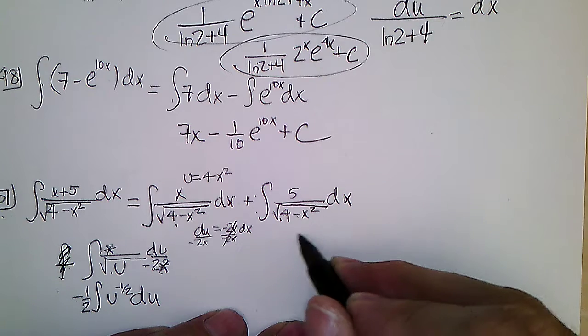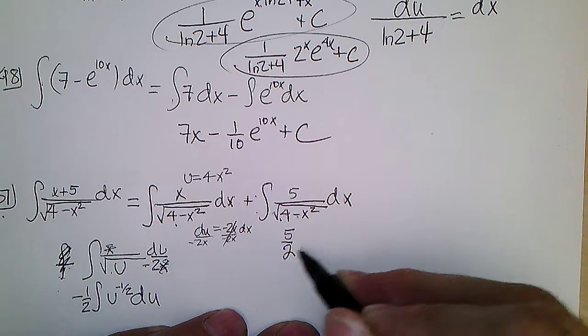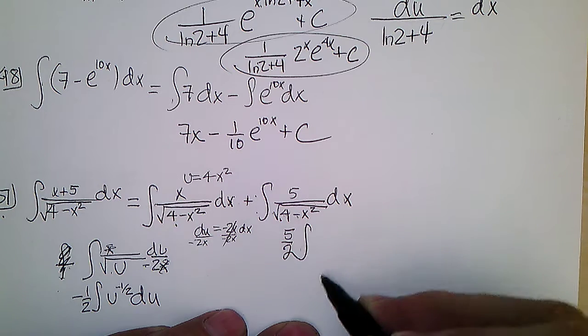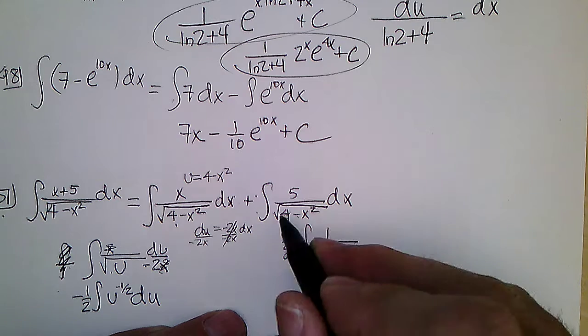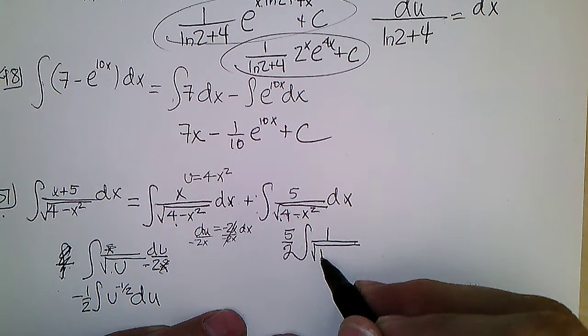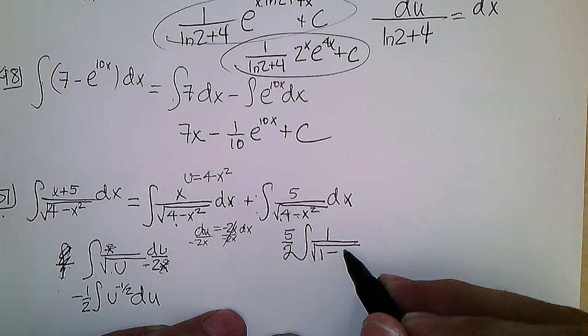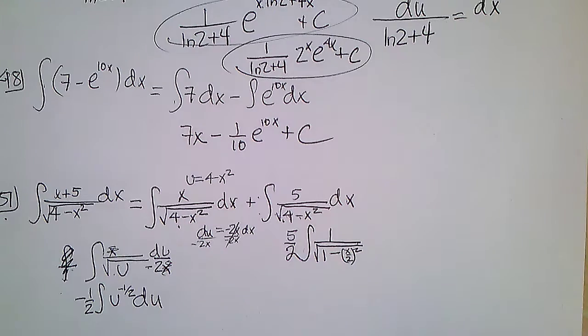So this one's going to turn into 5 over 2 integral 1 over, if I take a 4 out of 4 as a 2 out, that's going to be 1 minus x over 2 squared.